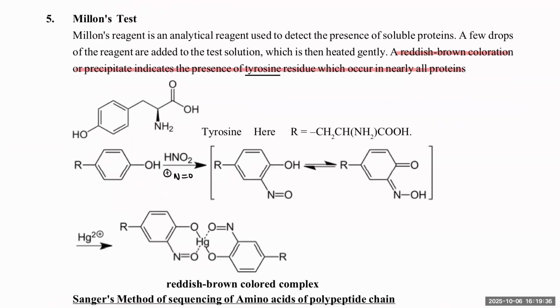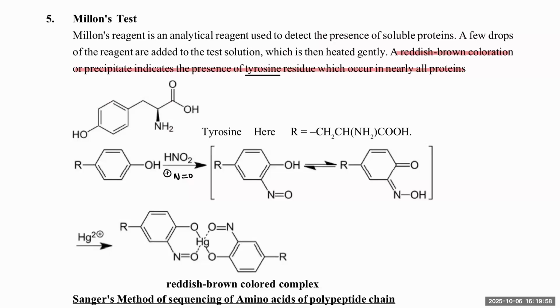Sakaguchi test is not there for you. Next, Millon's test. Millon's test is when you react with mercury, Hg2+. But to do that, first we need to make an oxime. How do you make an oxime here?